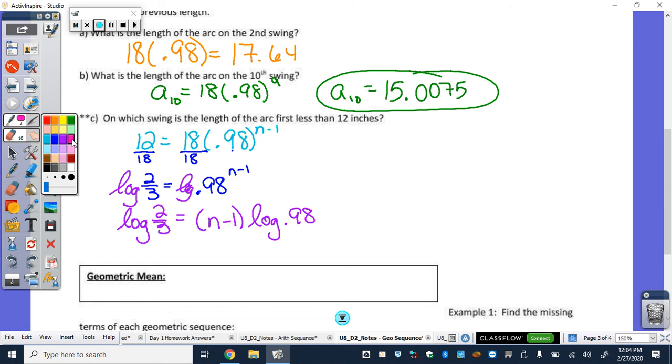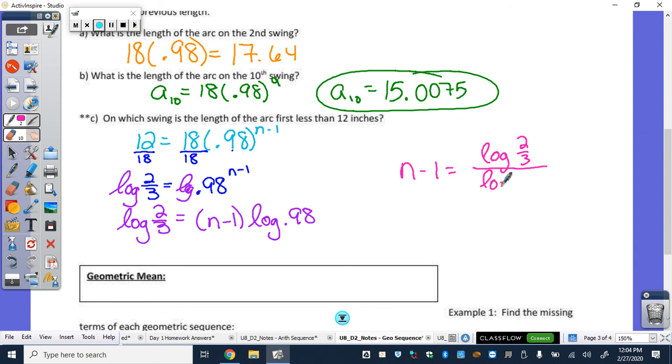So then what would we divide by to try to get n on its own? Yes, so we would have the log of 2/3 divided by the log of 0.98. And then our last thing we would have to do with the 1, add it. You're going to get a decimal, so go ahead, type that in.